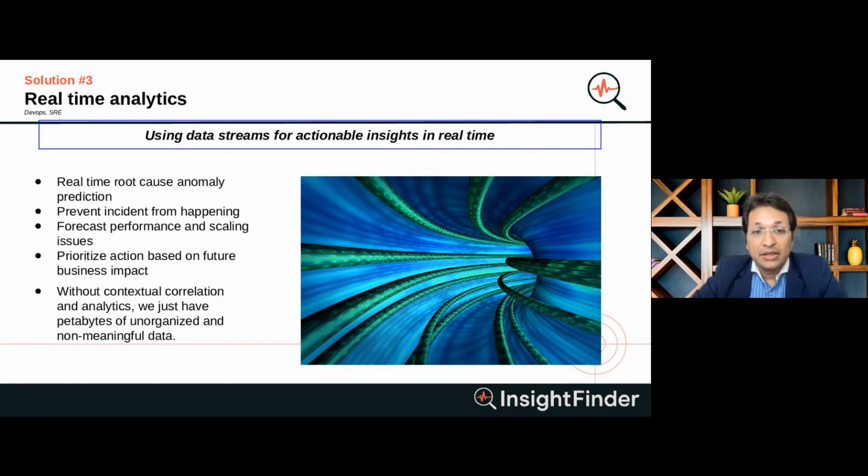A real-time stream of data will help the system to continuously learn, again, detect root causes, and predict those incidents. That too, with good lead time, providing a runway to your teams to act and prevent. These are critical aspects of a system to achieve the objective of zero downtime.